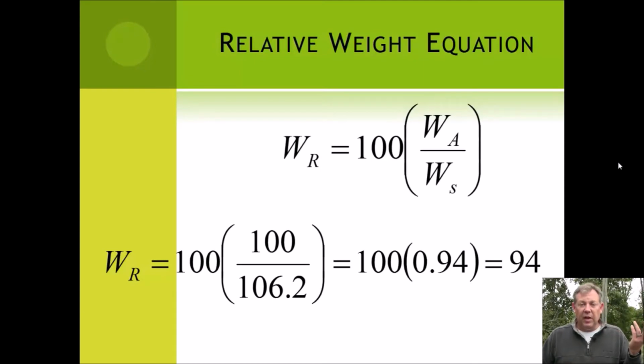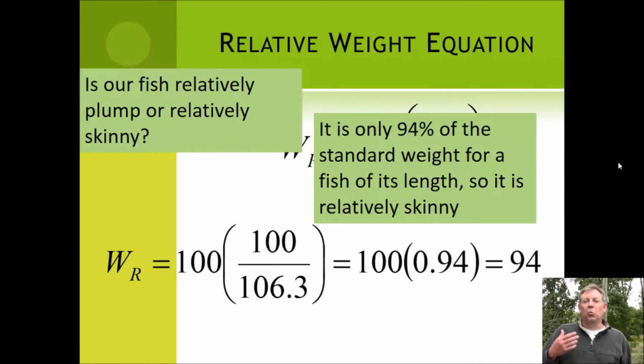And this makes sense if you think about it. 100 grams is less than the standard weight. This fish is 94% of the standard weight for fish of its size. And so our fish is relatively skinny. It's only 94% of the standard weight.